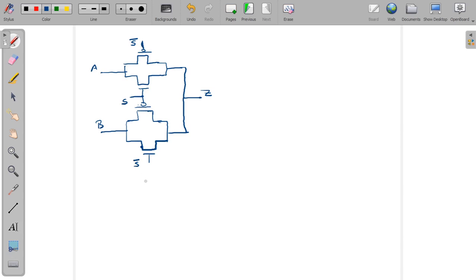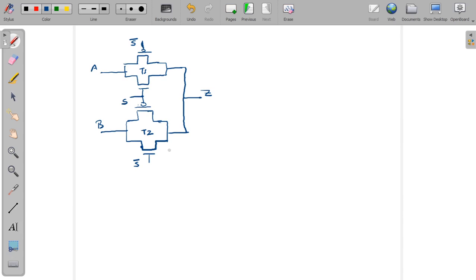Okay, so this is the first transmission gate T1, and this is the second transmission gate. Let's name this as T2. Okay, so let's try to find out what function this circuit is giving us.